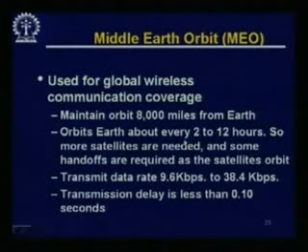How soon they come back depends on how far they are and what their speed is. So, it orbits earth about every 2 to 12 hours depending on these parameters. More satellites are needed and some handoffs are required as the satellites orbit. What is this handoff?